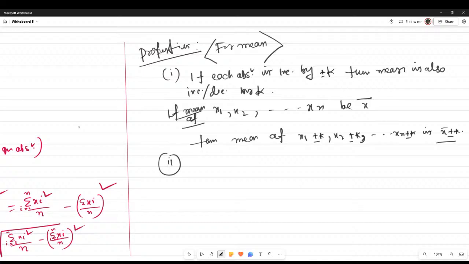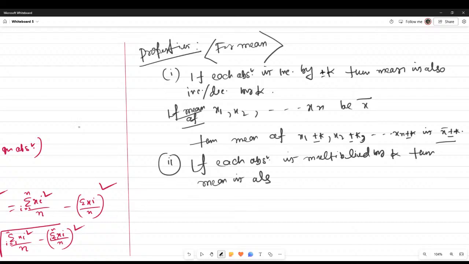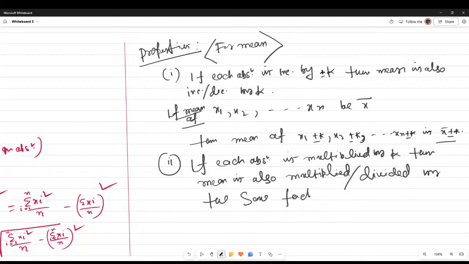Number 2, if each observation is multiplied by k, then the mean is also multiplied, or maybe divided also, by the same factor. Okay?